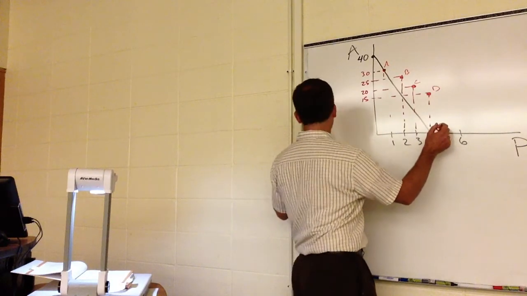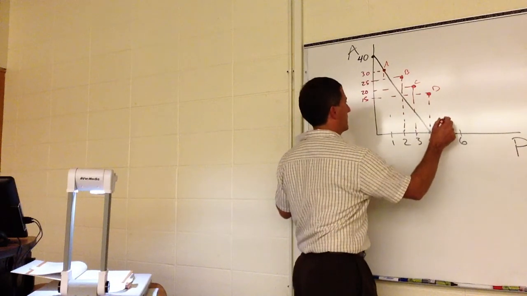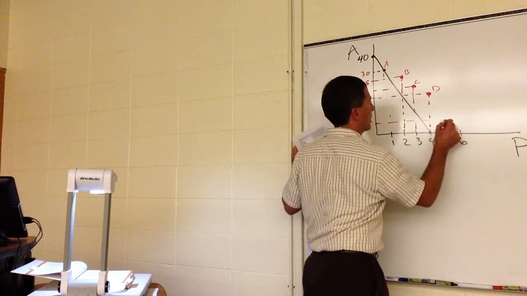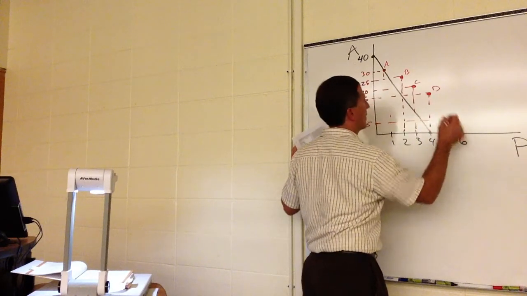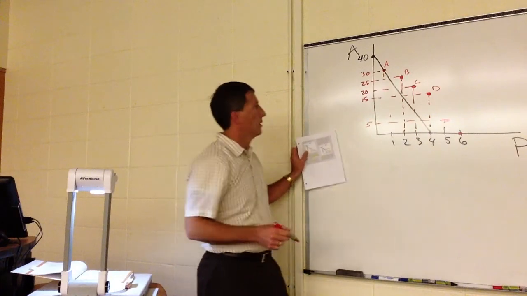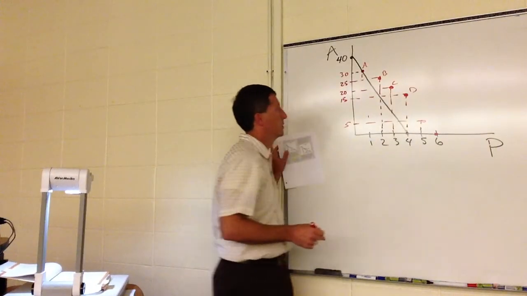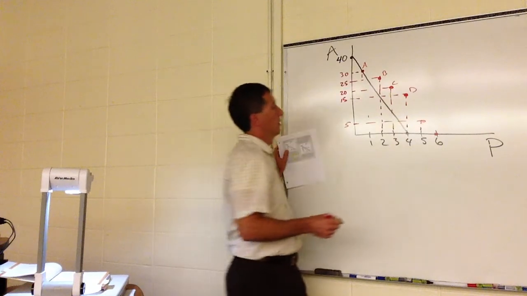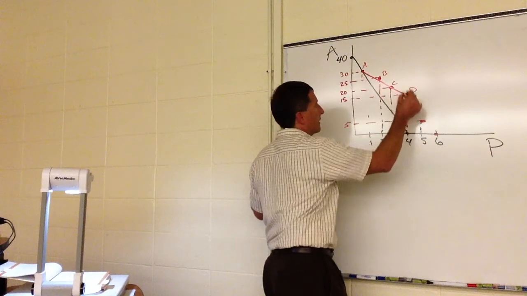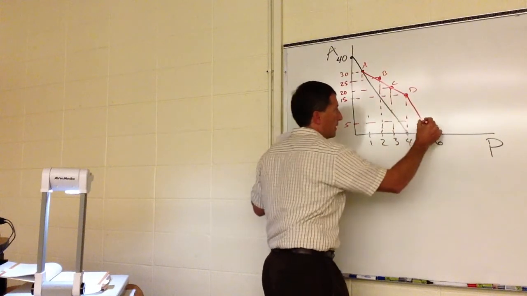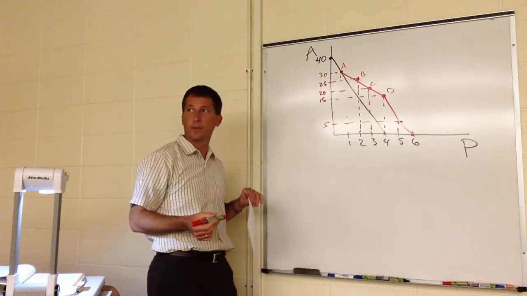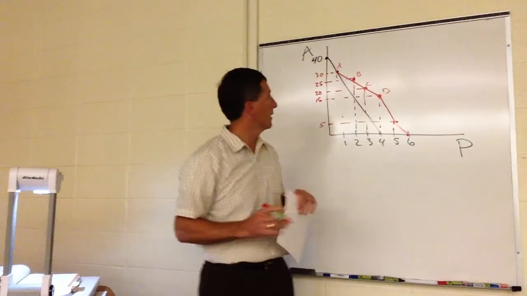The fifth pizza runs us right back to $10. So if you draw it really carefully, that's steeper, and then that flattens back out to the same slope. Everybody get that?